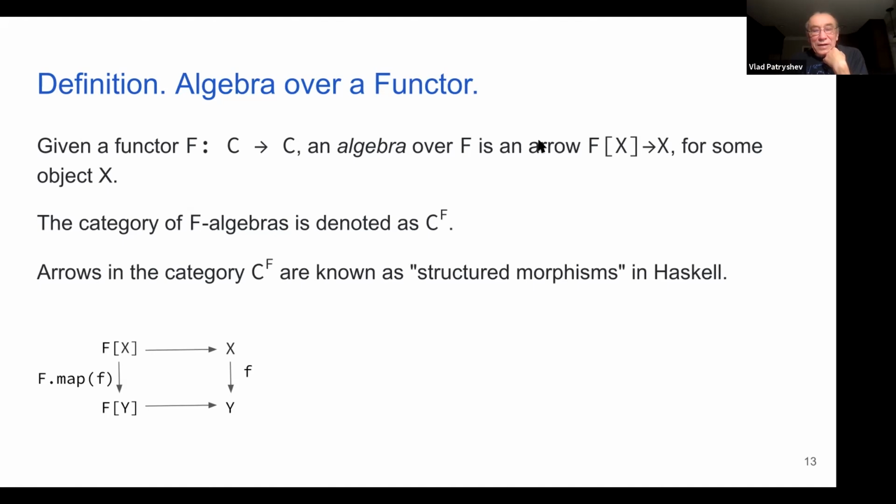Given a functor F, an algebra over F is an arrow from Fx to X, right? The category of all such algebras is denoted as C to the power of F.